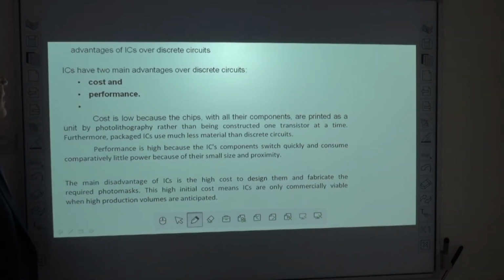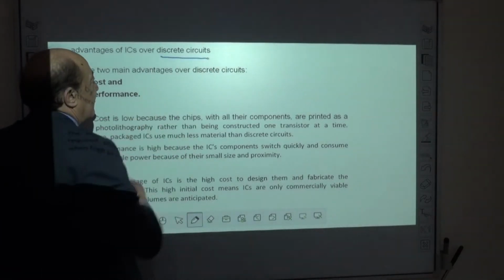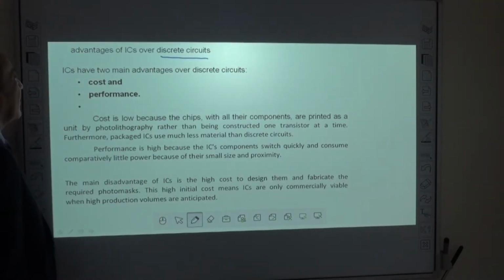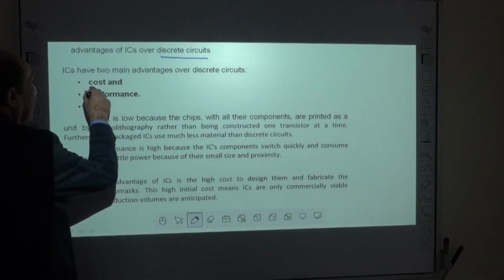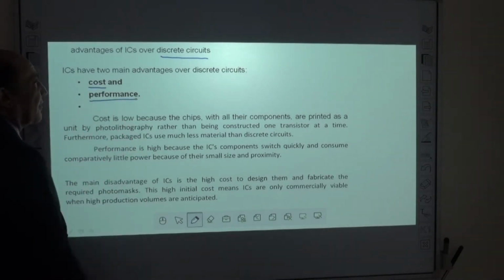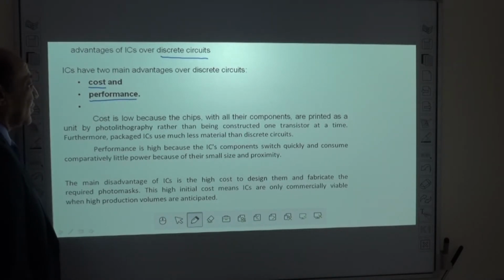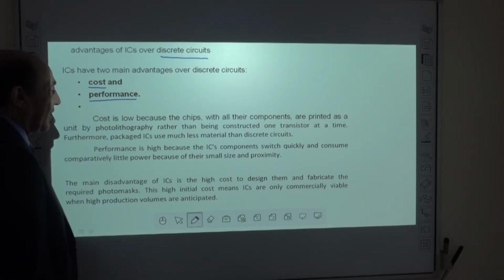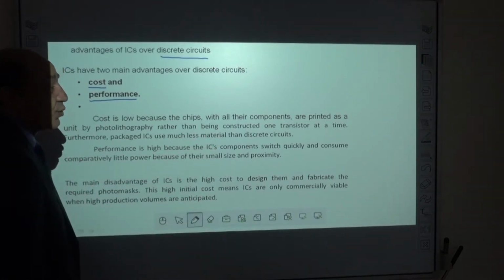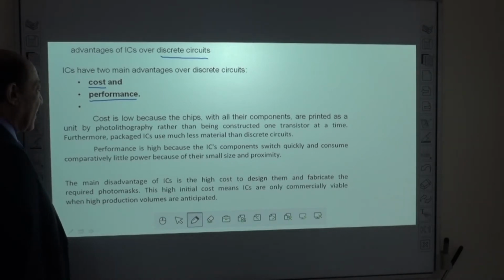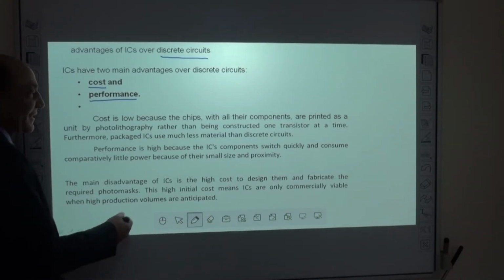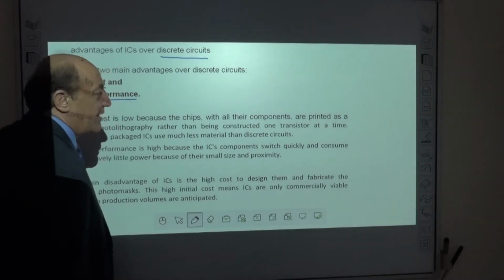There are two main advantages of ICs over discrete circuits. The first is cost and the second performance. Cost is low because the chips with all their components are printed as a unit by photolithography rather than being constructed one transistor at a time. Furthermore, packaged ICs use much less material than discrete circuits.